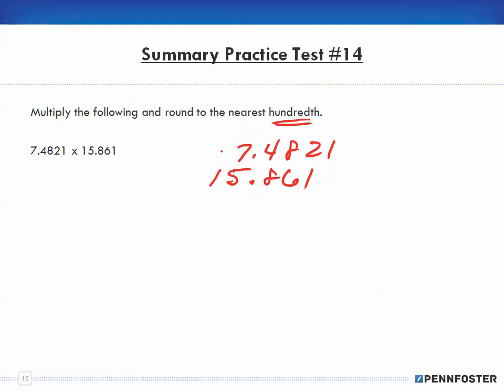However, because of having an empty position right here, remember with multiplication, we can multiply in whichever order we want, all right? And because of the empty position here, I'm going to reverse those numbers, and I'm going to take the 15.861 and multiply that by 0.7. Whoops.